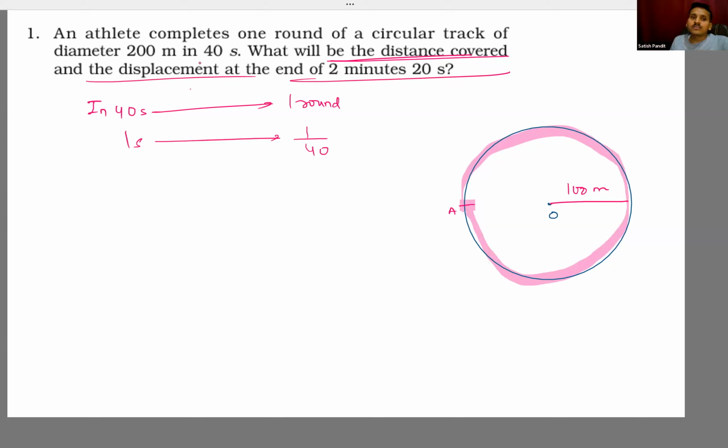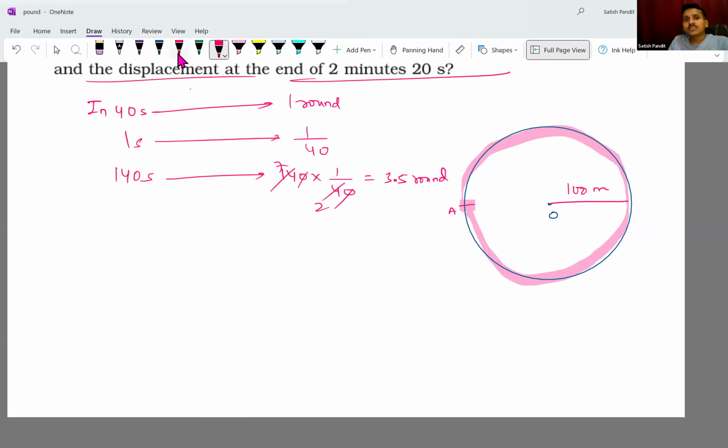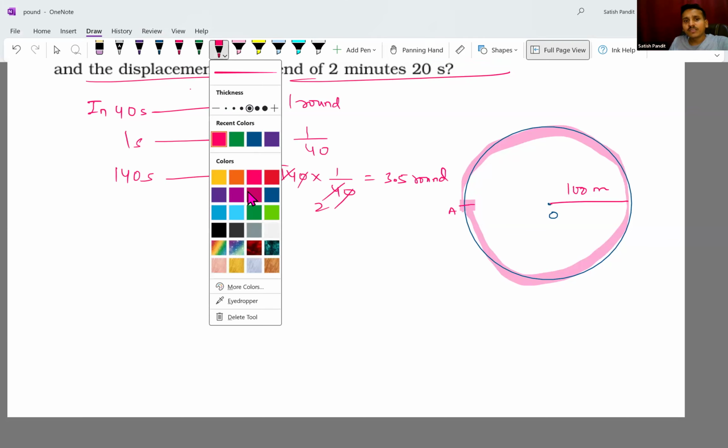So 2 minutes 20 seconds means what? See, 2 minutes is 120 plus 20, that is 140 seconds. So in 140 seconds, the athlete will be where? 140 into 1 by 40. That means the athlete will take 3.5 rounds only. 3.5 rounds means the athlete will start from here.